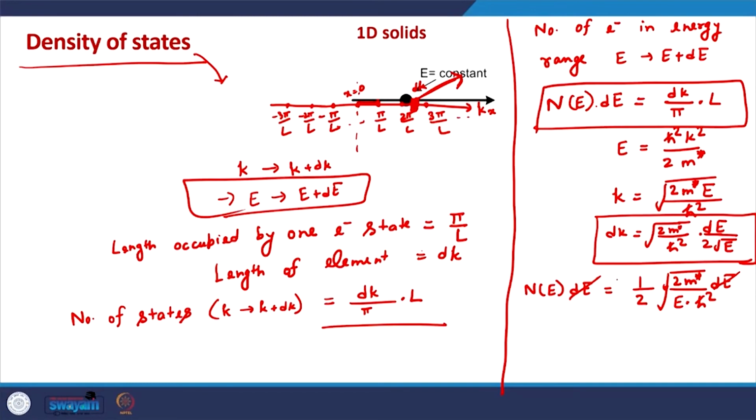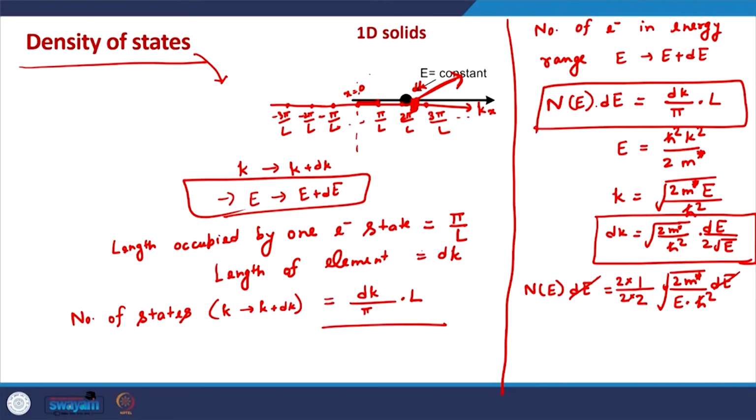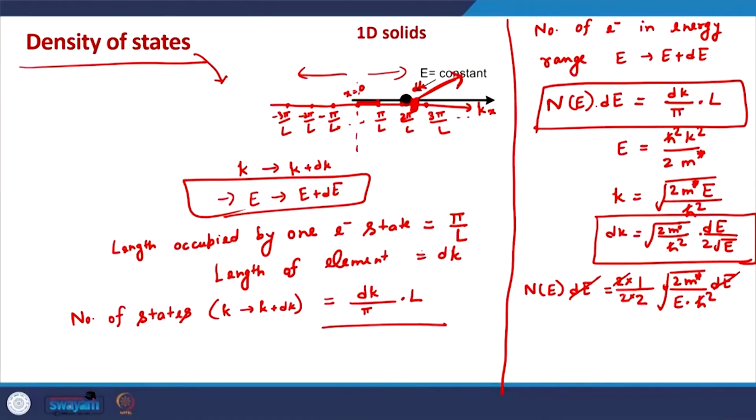So, we need to multiply by 2 and we need to divide by 2 as well, because the states for positive values of n and the states for negative values of n in k space essentially represent the same electron, because the wave function differs just by a global phase in these 2 states. So, in order to avoid overcounting, we need to divide by 2. So, 2 and 2 go away.